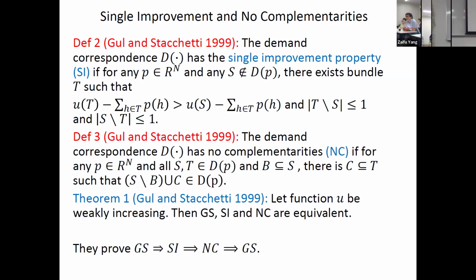Okay. You see here, you have two optimal bundles. Now you delete some bundle from S, right? Then you just add something from another optimal bundle. But if it's complementary, it means that if you delete something, then the other one you don't want to have anymore, right?